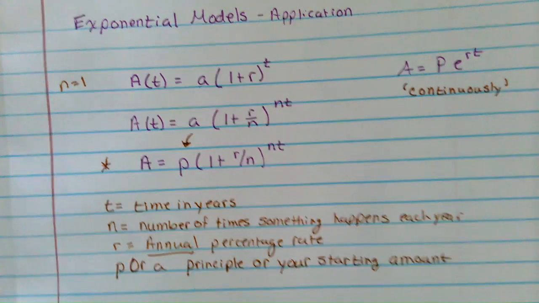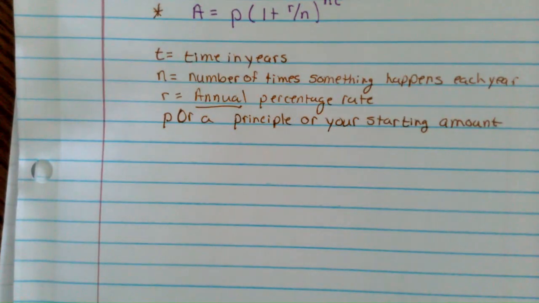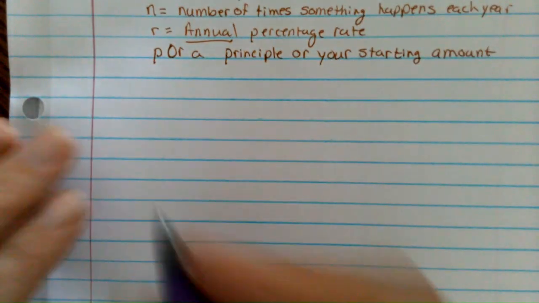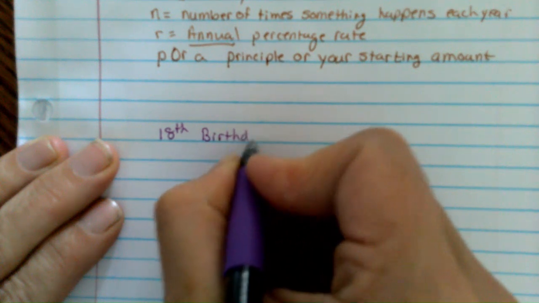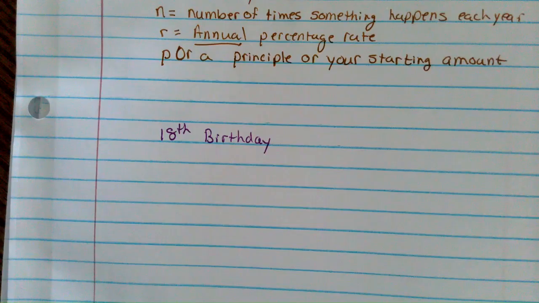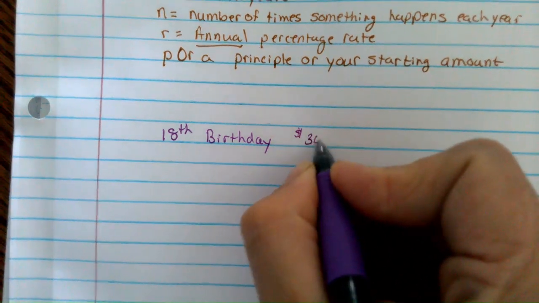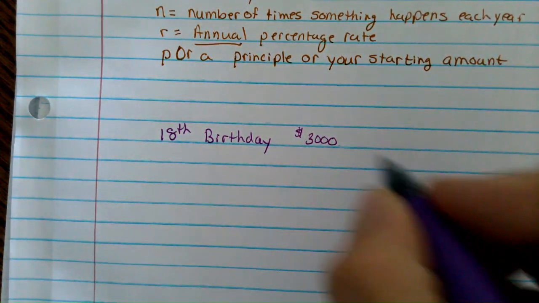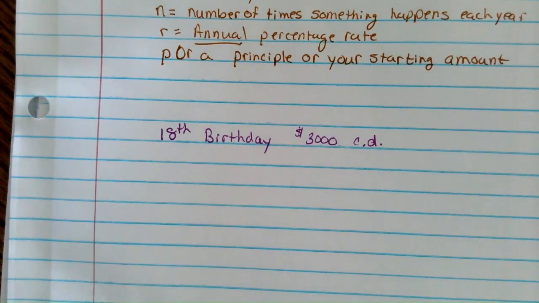So let's say maybe you were gifted, on your 18th birthday, from a great friend, $3,000. But it is stuck in a certificate of deposit. They call it a CD, not the kind of CDs that we used to listen to in the 90s on the radio to hear songs.